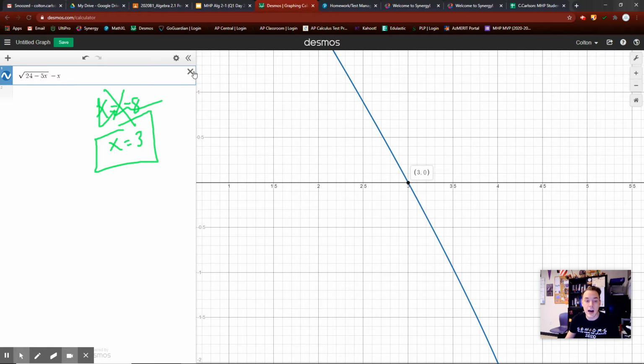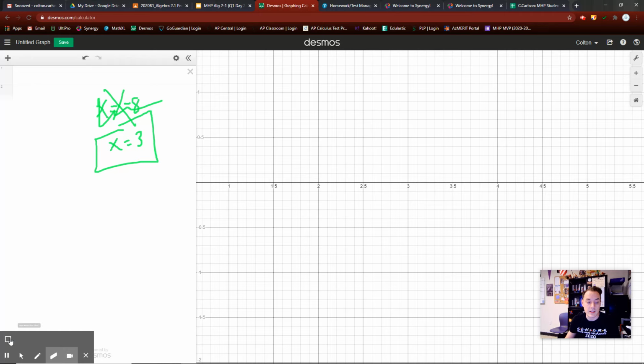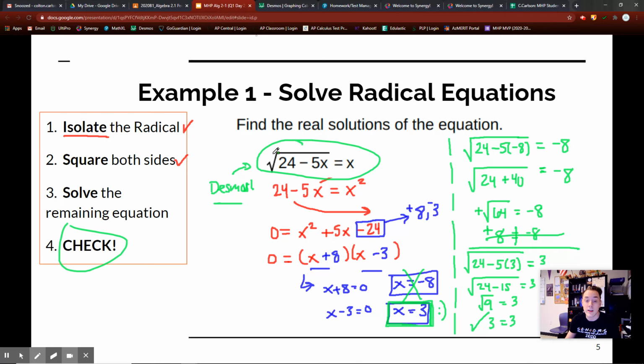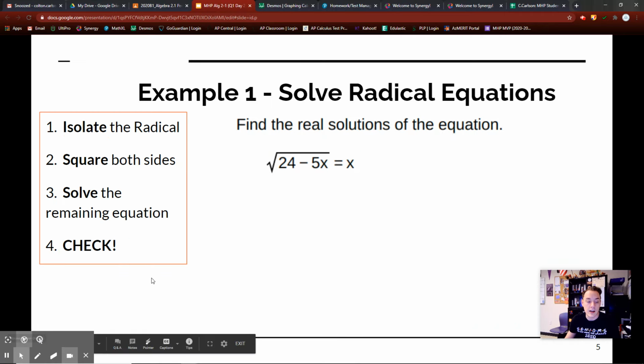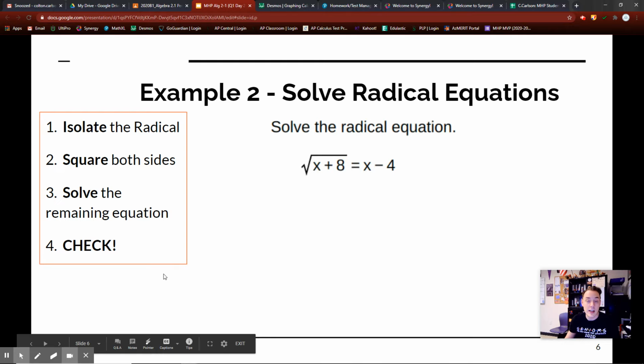Now, I'm going to show you the algebra throughout the rest of the slides. I'll maybe show you one other example where I can show you how to do it on Desmos, but the vast majority of them will be using algebra. Fantastic. Let's get started on this one.